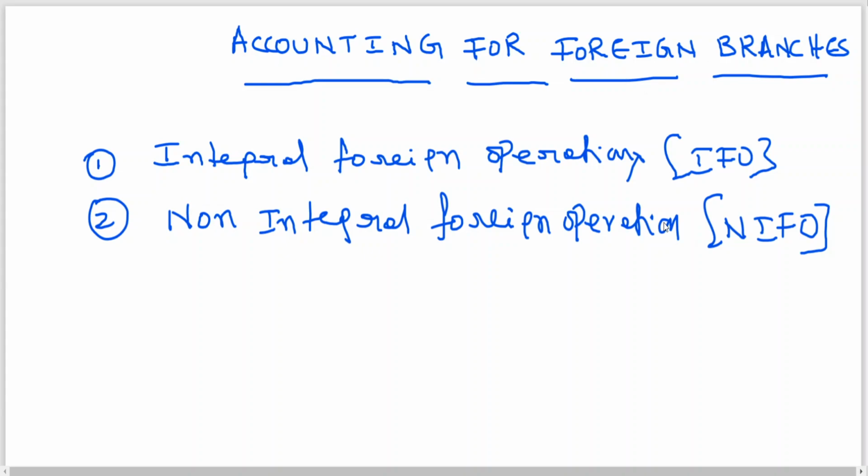Next one, non-integral foreign operation.